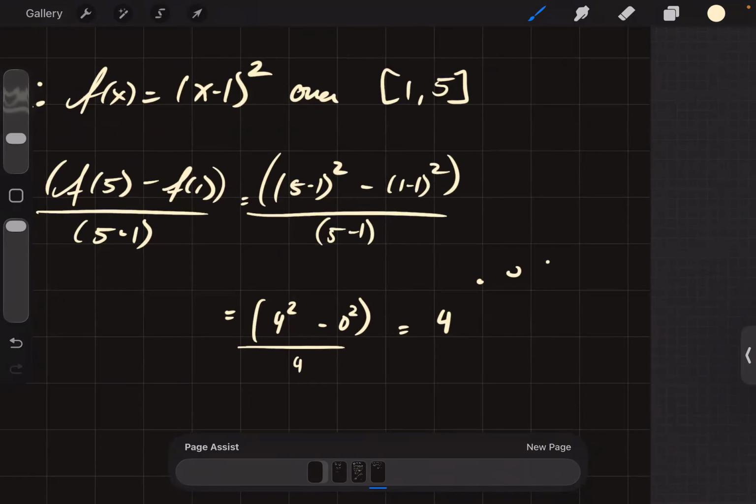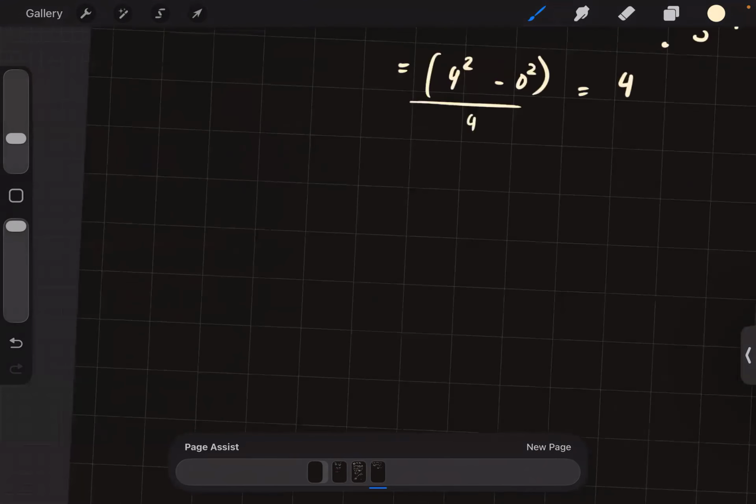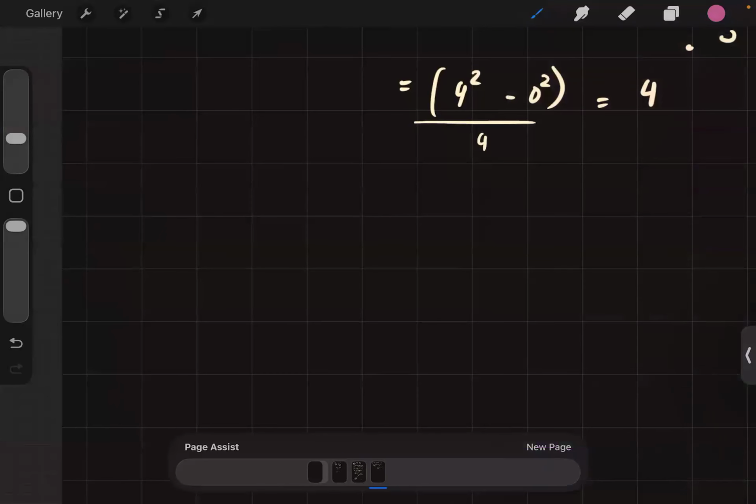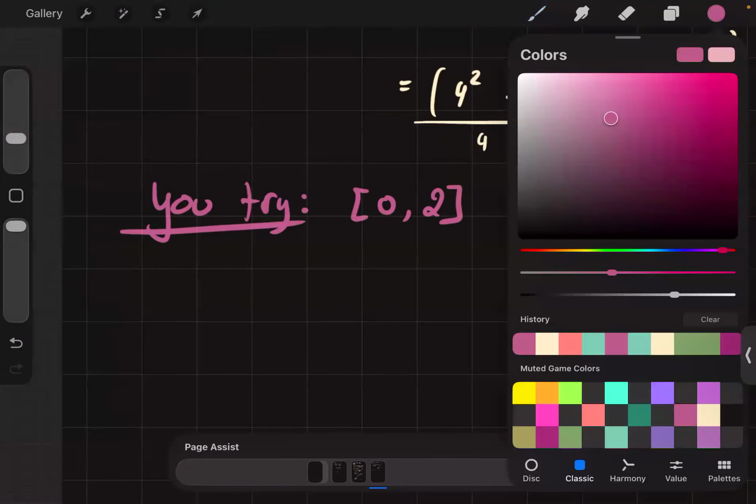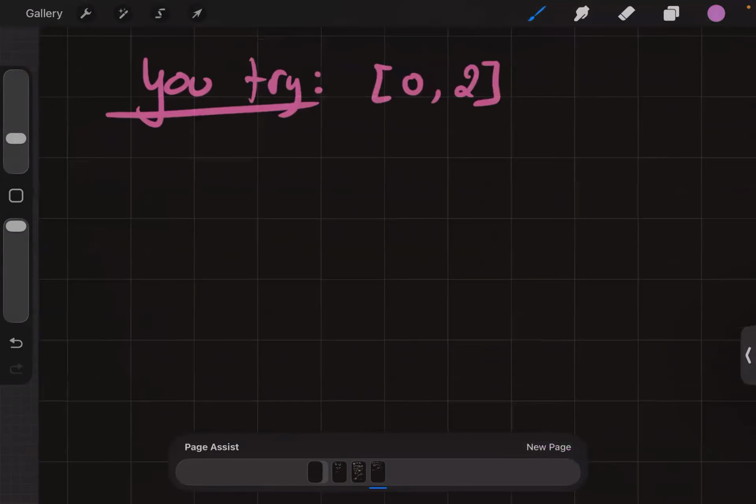Reasonable, I think. So now what I'm going to have you do is try to do that over 0 comma 2. Okay? So I'll give the video a quick pause, work it out, and then, yeah. Okay, so if you're seeing this, you already tried it.